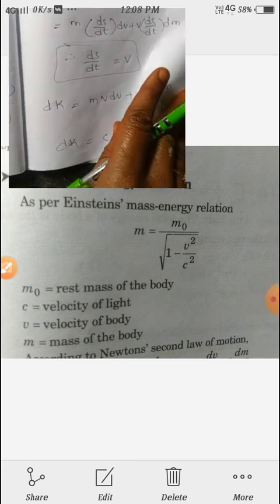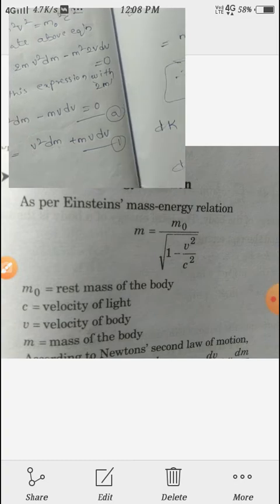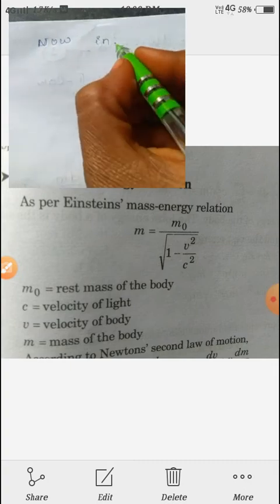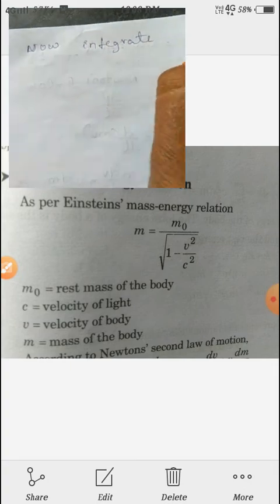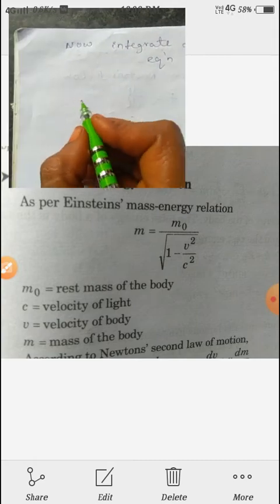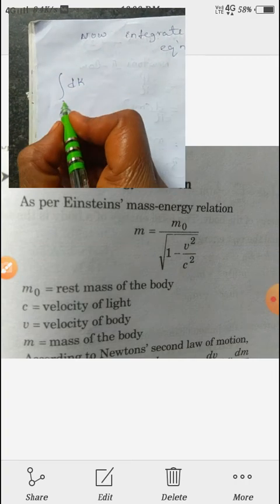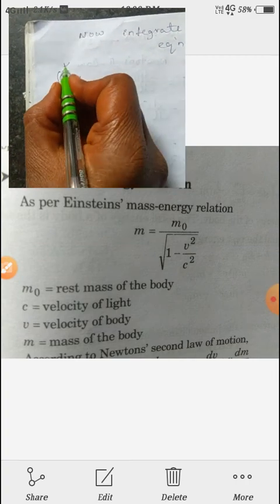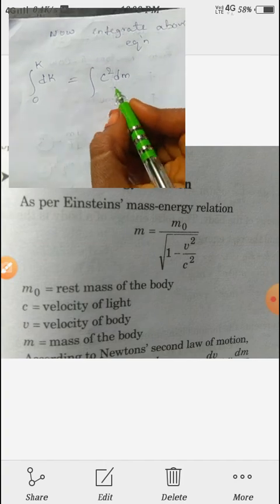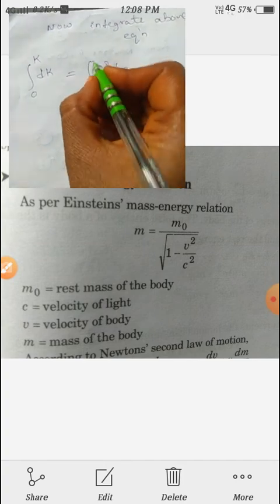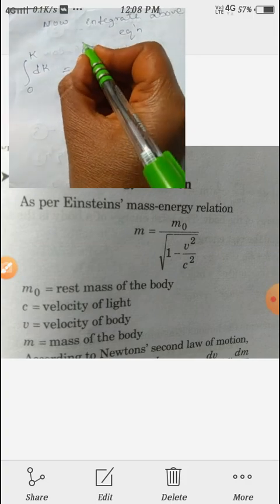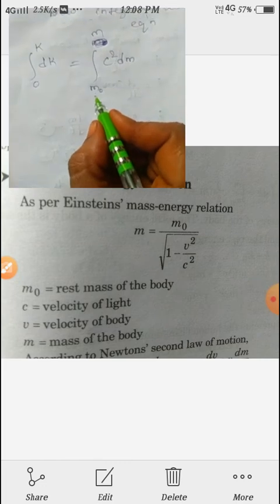Integrating the above equation within limits: kinetic energy, within limits 0 to k, c square dm, and mass within limits, rest mass m naught to mass m.